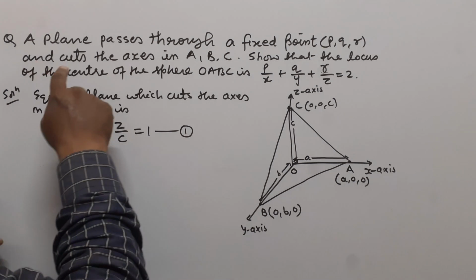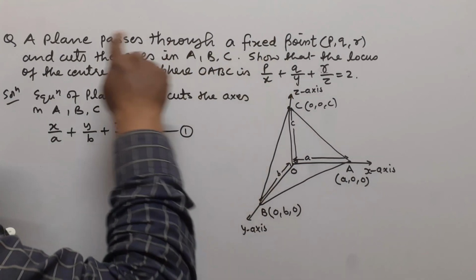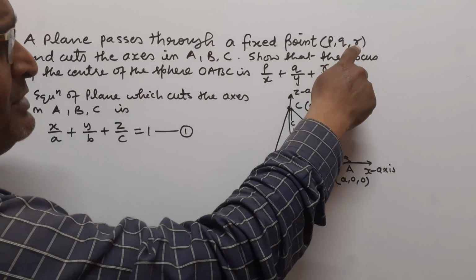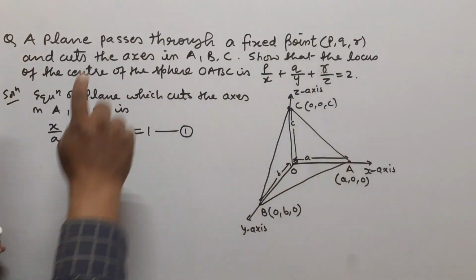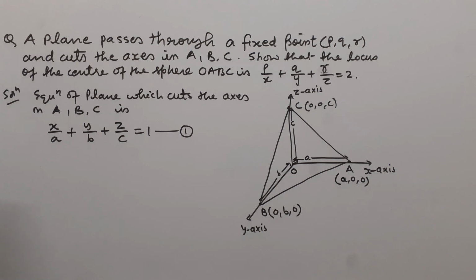Now it is given that this plane passes through a fixed point PQR. So this point must satisfy the equation of plane 1.